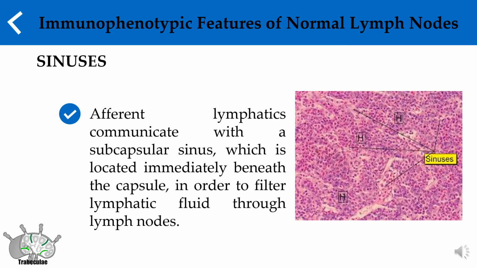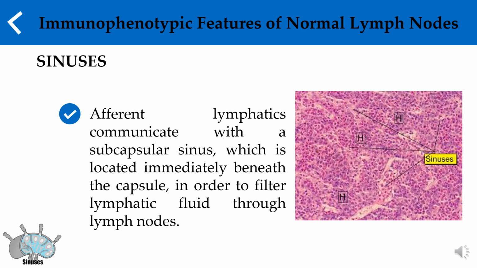Lastly, the sinuses. Afferent lymphatics communicate with the subcapsular sinus, which is located immediately beneath the capsule, in order to filter lymphatic fluid through lymph nodes. The subcapsular sinus empties into the cortical sinuses, which discharge into the medullary sinuses.